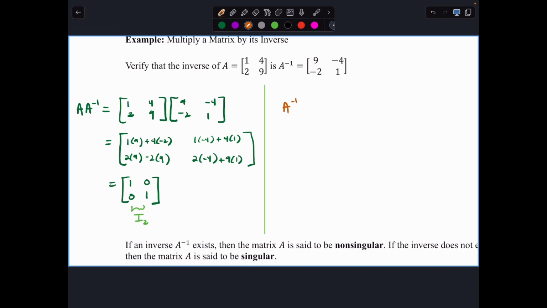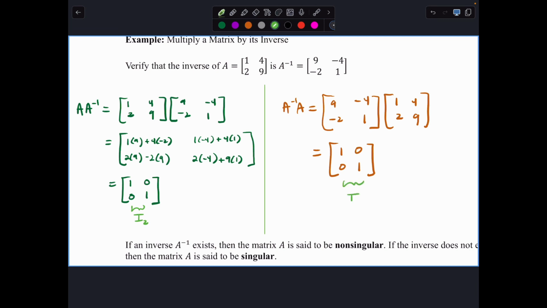So then A inverse times A, and just for the sake of time, although I think you could probably see this, this ends up also being equal to the identity matrix, I sub 2.